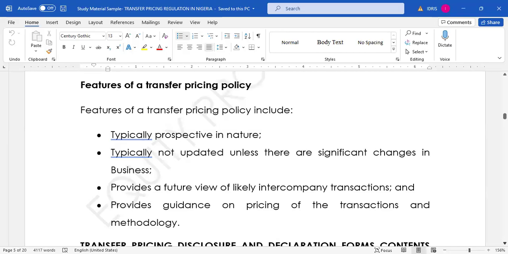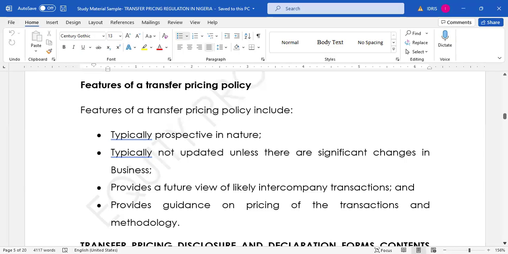Prospective means guideline in nature. Another feature is they are typically not updated unless there are significant changes in business. We don't normally update it unless there is a significant change in business.